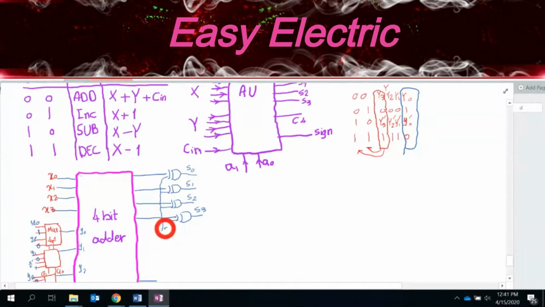Yes, we say control, we will design that later. So remember why we did this? Could anyone tell me why we use the XOR on the output whenever we want to make a subtractor from a 4-bit adder? Any idea?